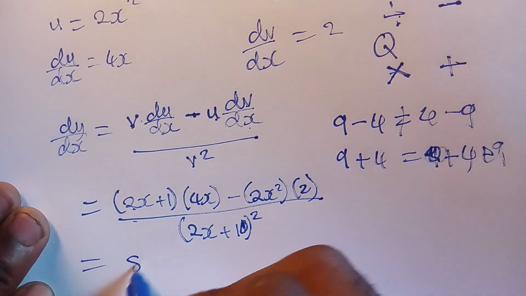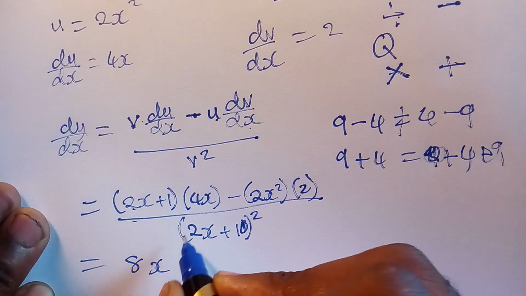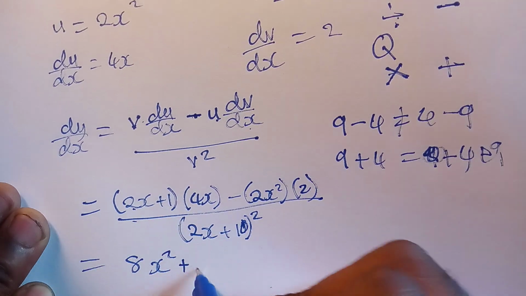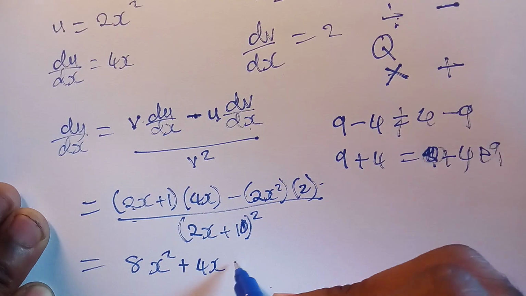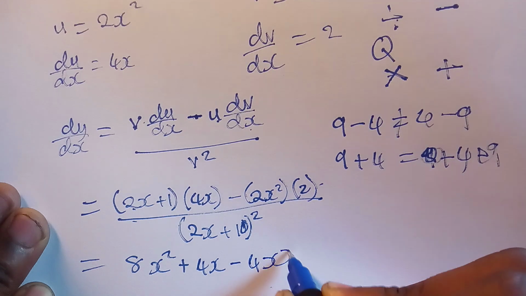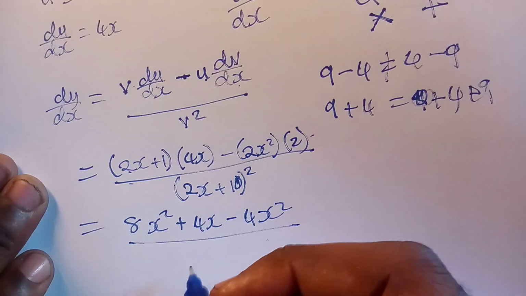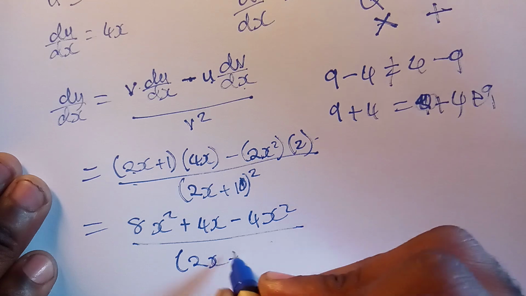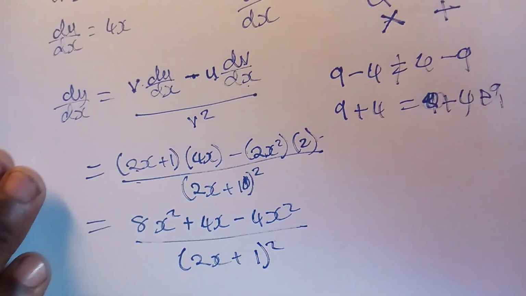This times this will be 8x squared, and then this times this will be 4x, and this times this will be 4x squared, everything over 2x plus 1 squared.